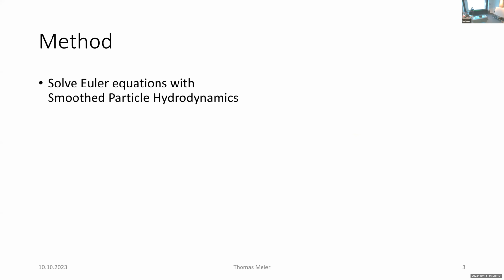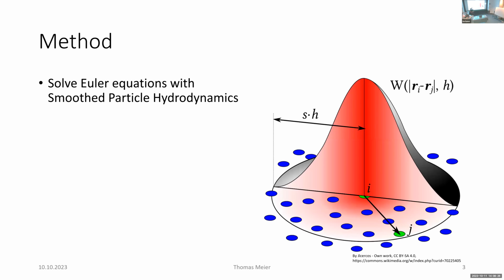And the way we do that is we solve the Euler equations with a method called smooth particle hydrodynamics. And for that, we have essentially a point cloud sampling the fluid, and then to build the equations that we solve, we look at a given particle and smooth the values of the state values of the surrounding particles to get the value at the point we are working currently on.